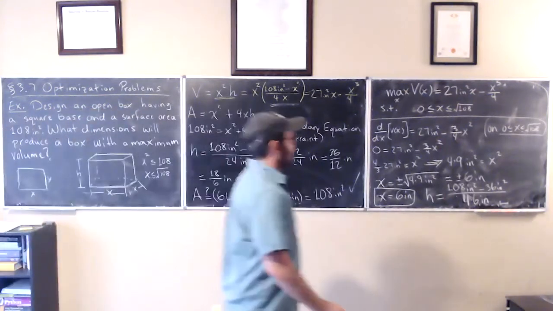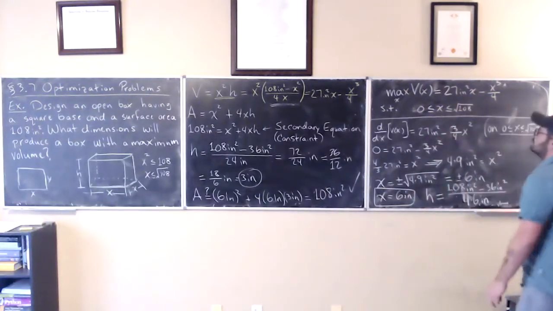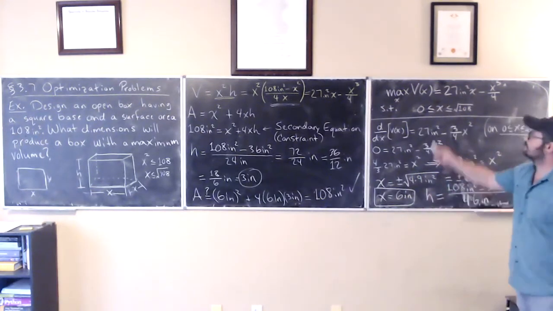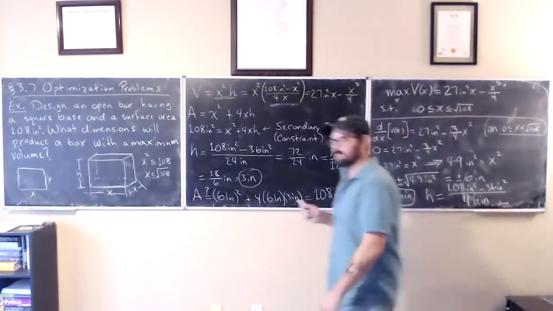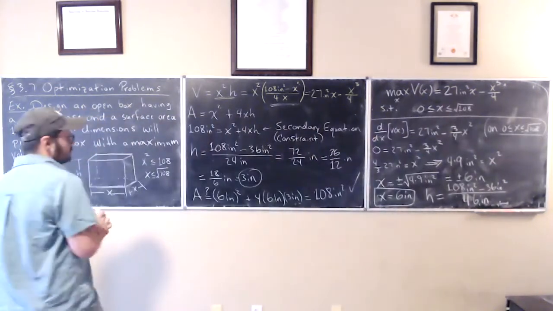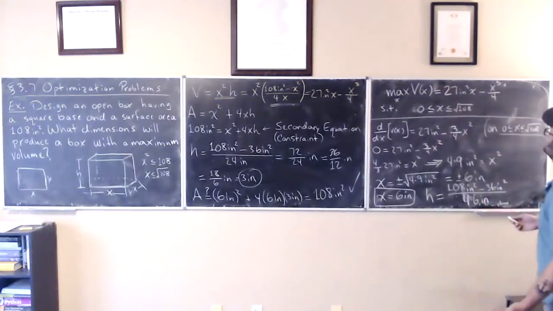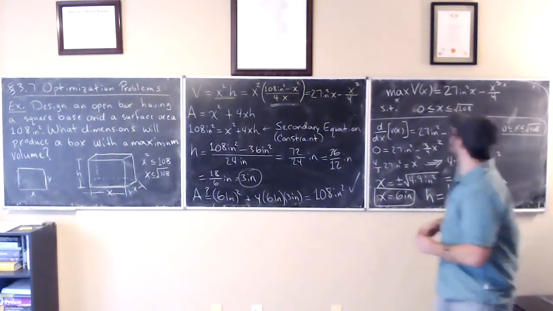Okay. Now we do need to determine if this choice of x is a maximum for that volume function, right? Which we can do using the second derivative. So let's go ahead and do that.